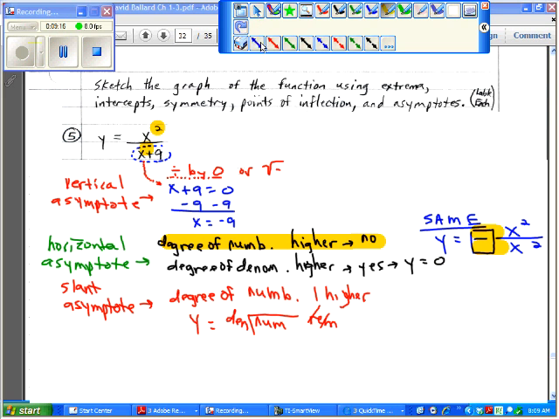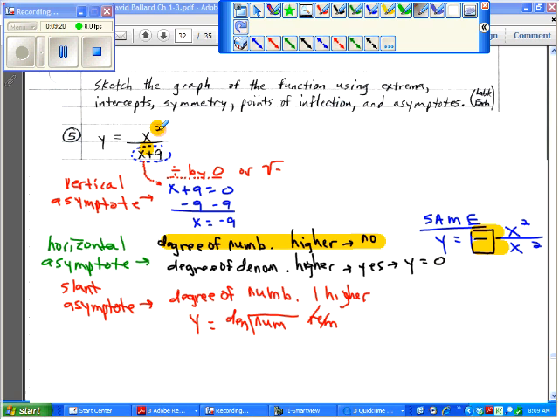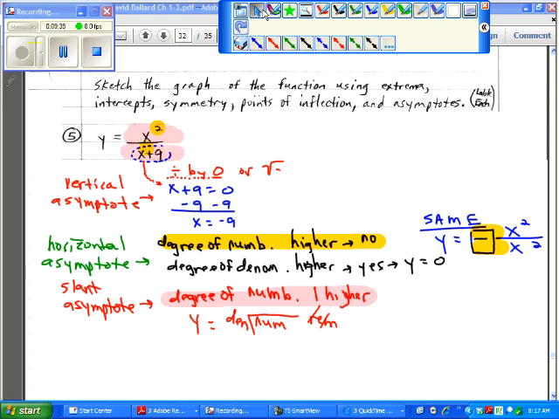Now, the degree of the numerator is 1 larger than the degree of the denominator. Therefore, there's a slant asymptote. And to find the slant asymptote, we're going to take the numerator divided by the denominator and disregard the remainder.